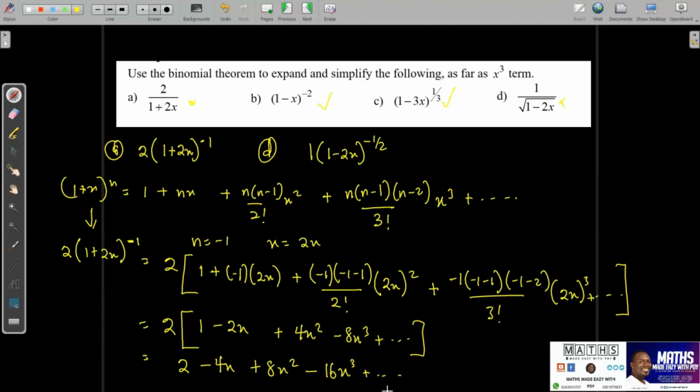But since we're told to write it as far as the x cubed term, then you can write the answer as this, excluding the plus dot dot dot. Please, am I clear?